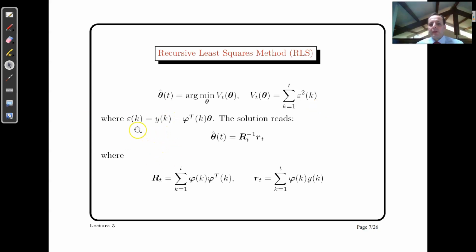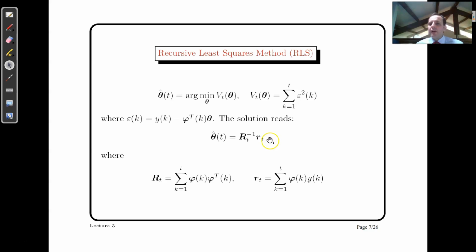And the prediction error was computed as the difference between, as we mentioned earlier, the reality and the model. So we obtained the solution, which was the computation of the parameter vector: the inverse of the regressor matrix, multiplied by this vector.